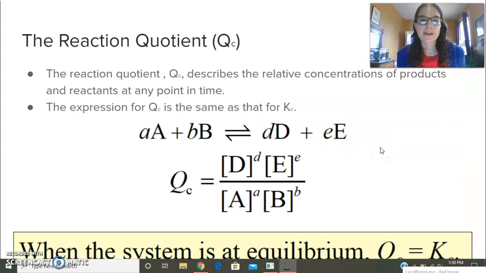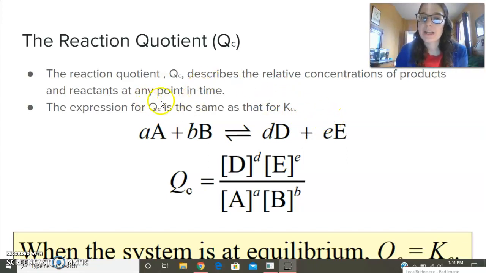Here we have a reaction quotient, which describes the relative concentrations of products and reactants at any point in time. Remember, the equilibrium constant, K, is only at equilibrium. So anything with a K in front of it, whether it's the Kc equilibrium expression or the equilibrium constant, Keq, only occurs at equilibrium.